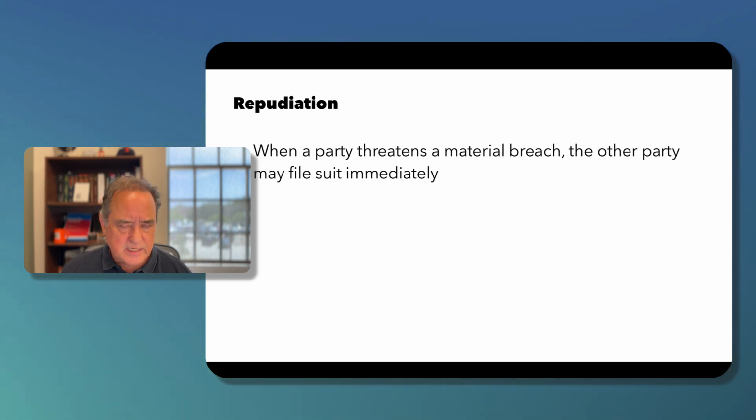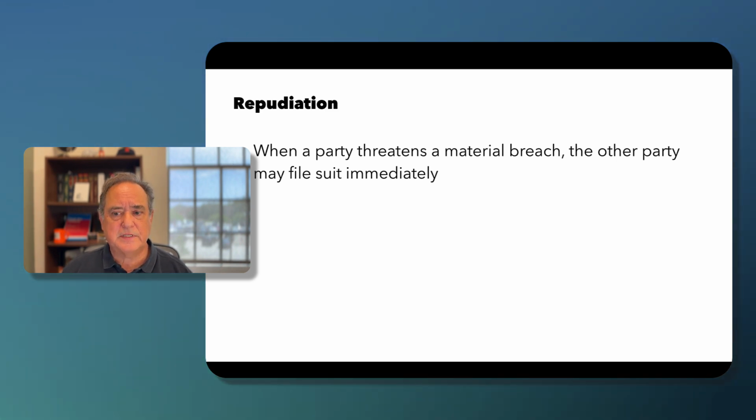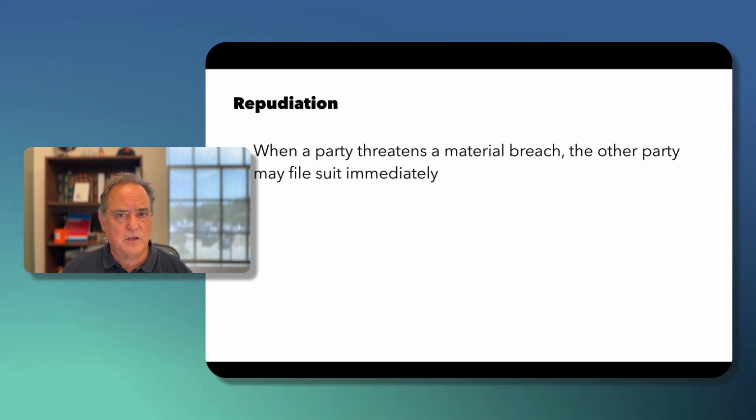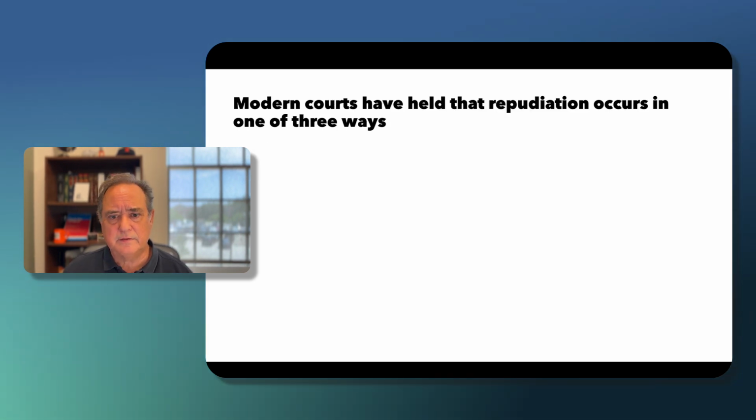So an anticipatory breach is treated as a present material breach for purposes of a lawsuit. And that ability to file the lawsuit springs up immediately, even though contract performance may be not due until months in the future.